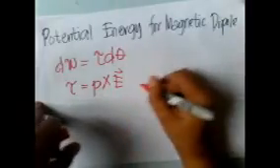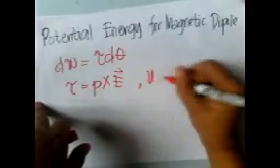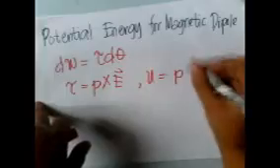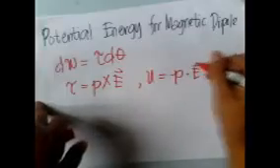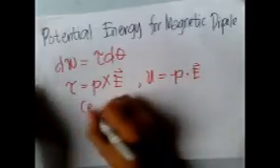We found that the corresponding potential energy U in the electric dipole is equal to negative p dot E. Now, this is for electric.